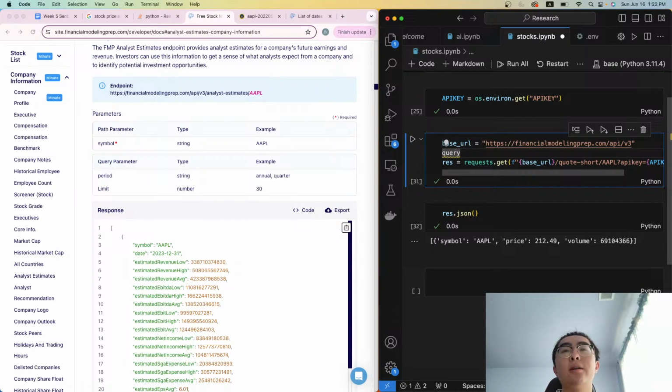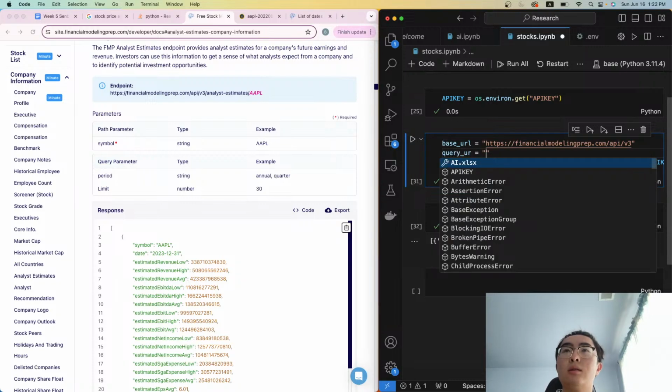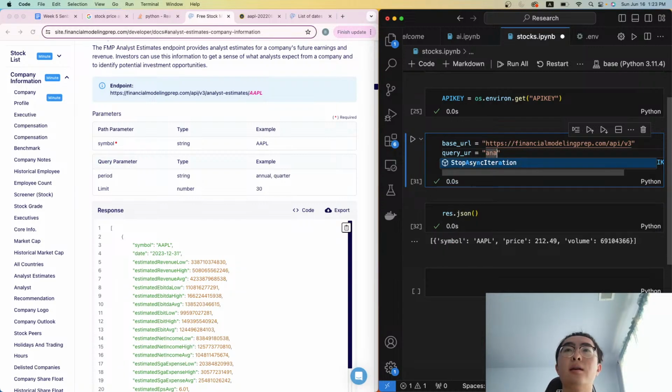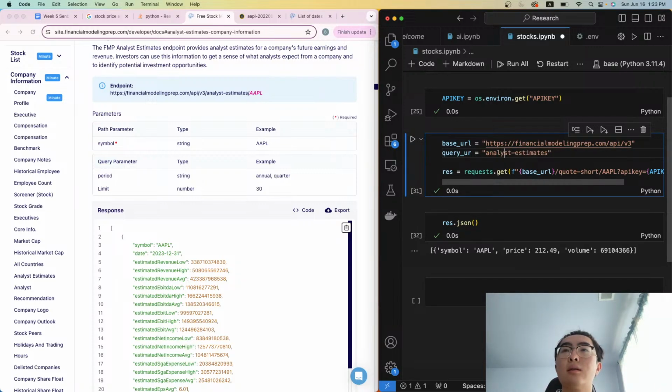Call this query URL. Analyst estimates. And then do company ticker is equal to Apple, AAPL.